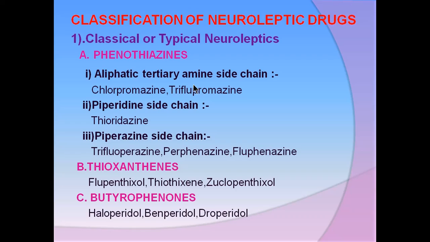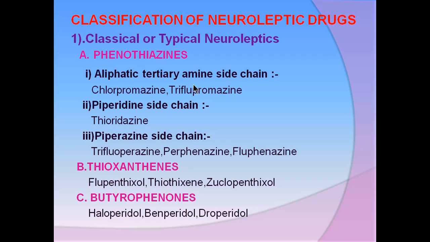Coming to the phenothiazines, these are further divided, depending upon their structures: aliphatic tertiary amine side chain, examples being chlorpromazine and triflupromazine; piperidine side chain containing molecules, example being thioridazine; and piperazine side chain having molecules, examples being trifluoperazine, perphenazine, fluphenazine.